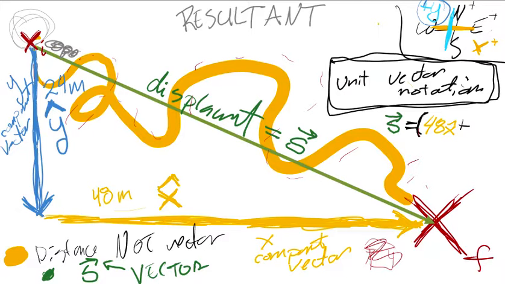Oh, actually, I shouldn't put plus, because it's plus negative, and hopefully you know that that is a negative. So I will put minus 24 y hat. All right, notice I did not put the units. That's because, close parentheses, the units distribute to both. So that's meters. So that's your unit vector notation.